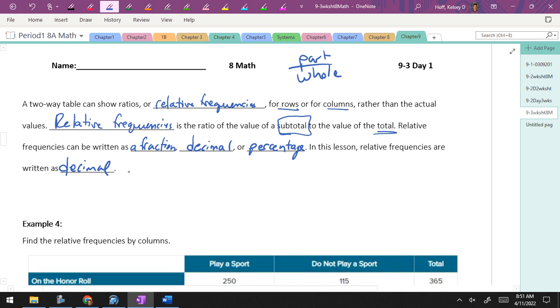So we're going to have everything today with a decimal rounded to the nearest hundredth. How many decimals or numbers are after the decimal with the nearest hundredth? 2.